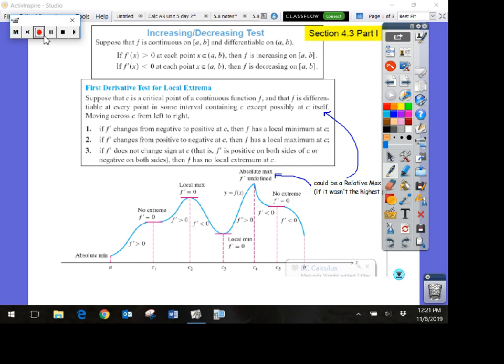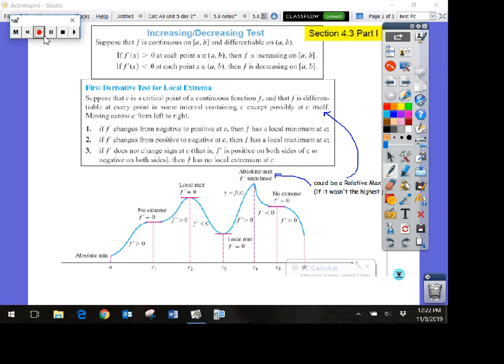So again, it's a continuous function and it's differentiable at every point, but then it says except possibly at a value c, which is an x value itself. So what that's talking about is this right here. This little corner cusp looking thing in this particular graph is an absolute.